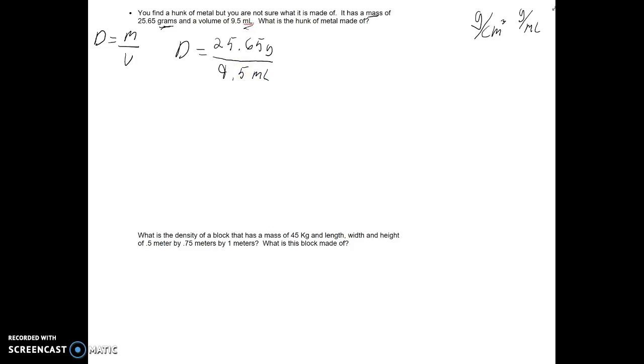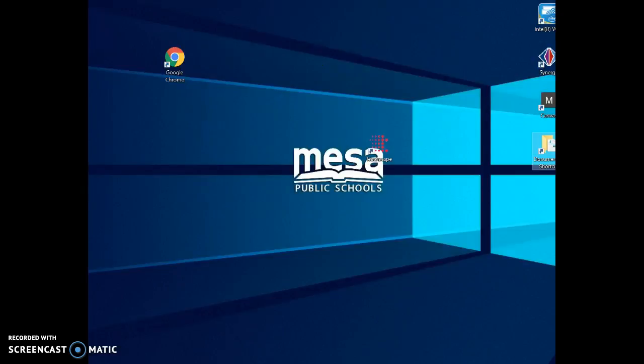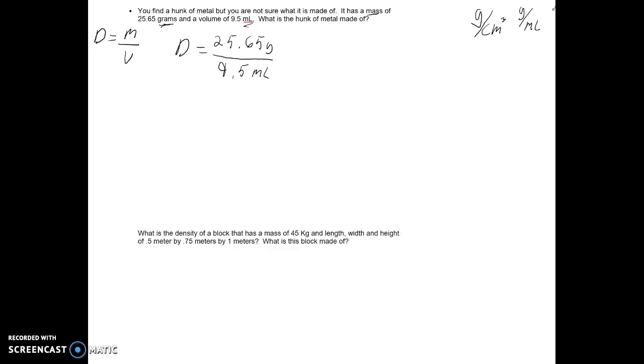So when I complete that operation, density equals 2.7 grams per milliliter. I would then go to my reference section, look at my density reference sheet, and see that aluminum has a density of 2.7. So that chunk of metal was aluminum.